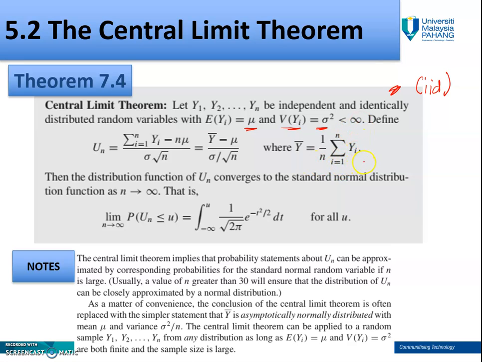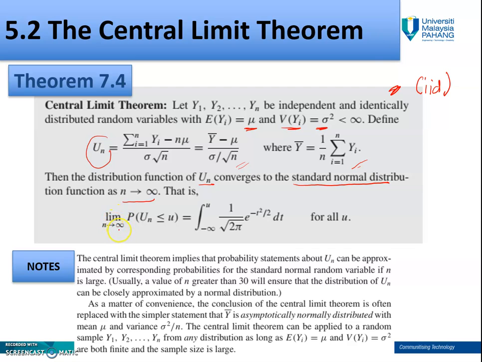This is the mean actually, and here is the central limit theorem. Then the distribution function of Un converges to the standard normal distribution function as n goes to infinity.